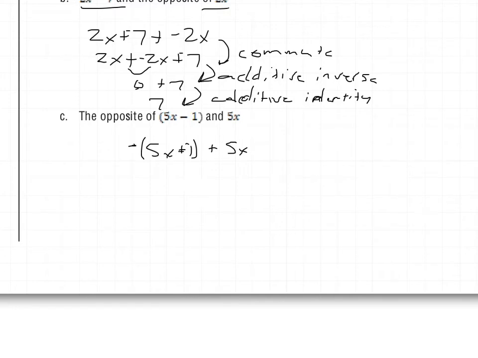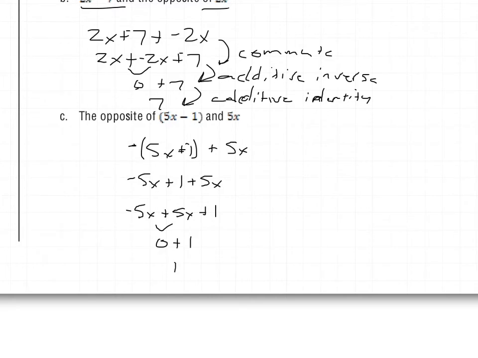So we change this to addition, negative 5x. The opposite of the negative 1 is a positive 1 plus 5x. Go ahead and commute our like terms. Negative 5x plus 5x plus 1. Additive inverses. Adding opposites adds up to 0. 0 plus 1 is 1.